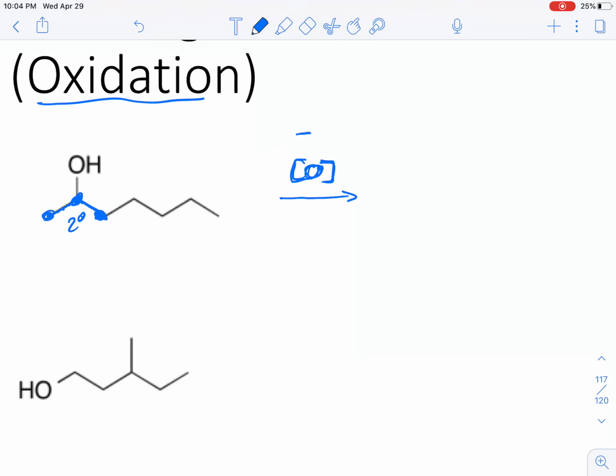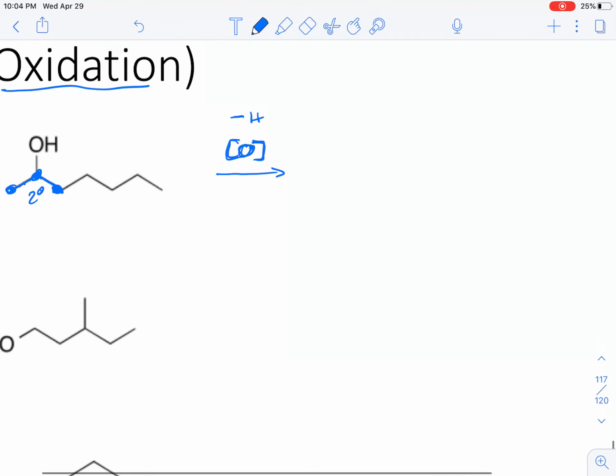Oxidation means a loss of a hydrogen, right? And if you're trying to take away a hydrogen, that electron has to go somewhere, so we're going to gain a bond between carbon and oxygen.